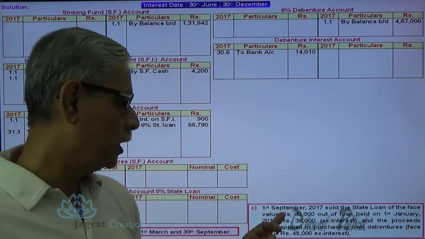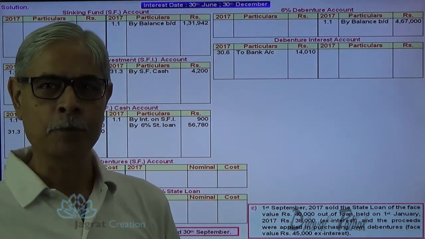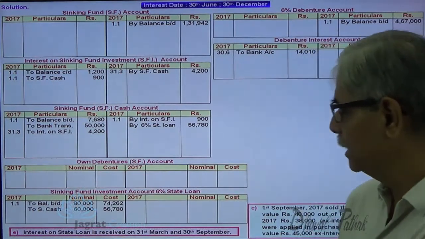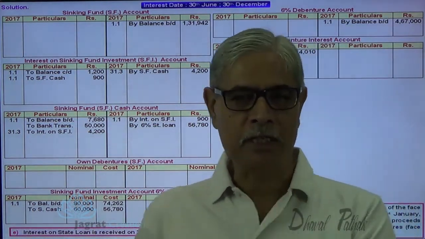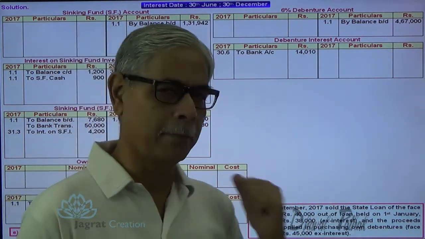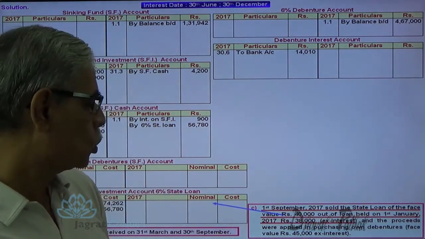So here up to 1st of September, we are going to receive interest from last date of interest. What was the last date of interest? The last date of interest was 31st of March. So from 31st of March to 1st of September, 5 months interest is received at the time of sale of this investment. So let me work out this.